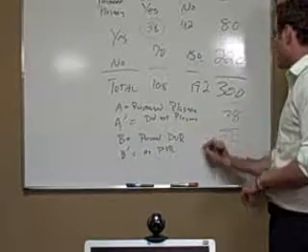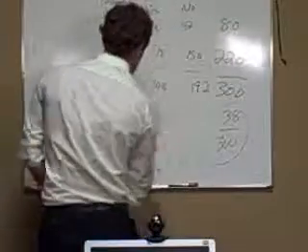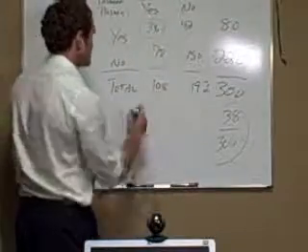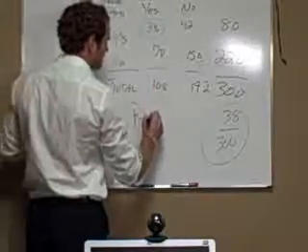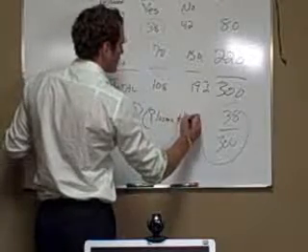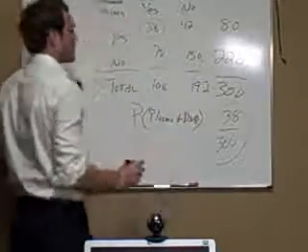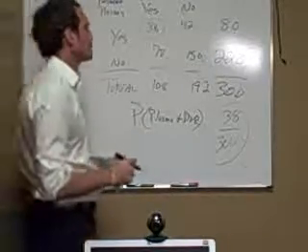Okay? 38 out of 300. This is the probability of plasma and DVR. Okay, 38 out of 300. This is a joint probability.